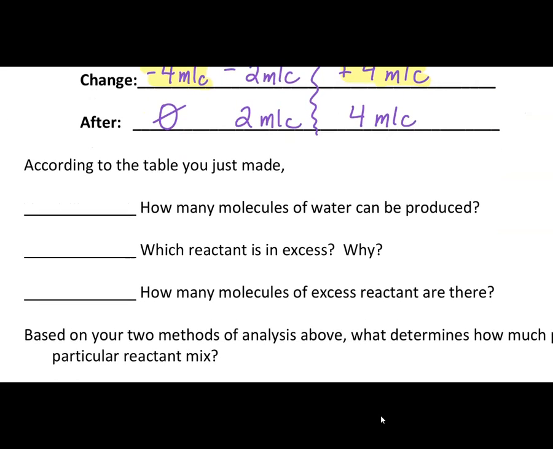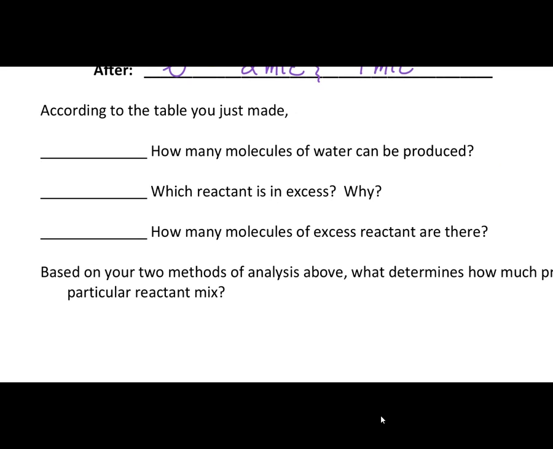So it doesn't matter if we're doing this in a particle picture or a BCA table, we're still going to find out that we can make 4 molecules of water. We're going to have oxygen in excess because it's left over, 2 molecules left over. Okay.